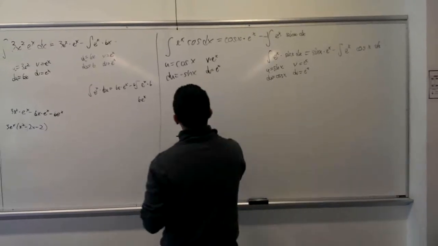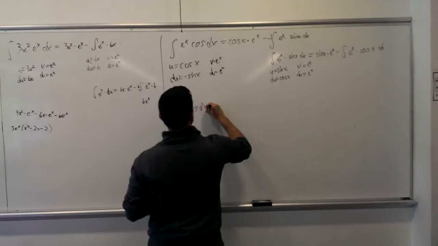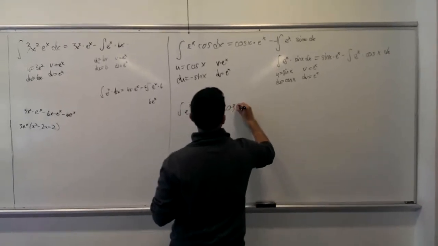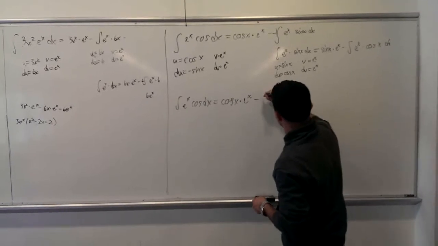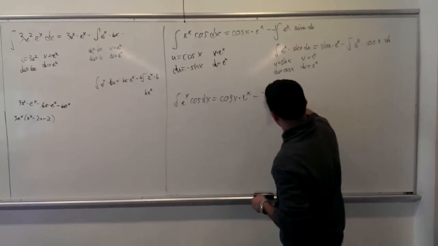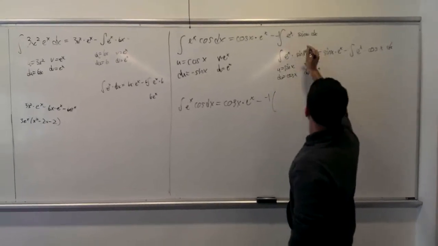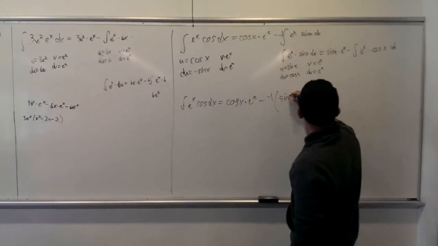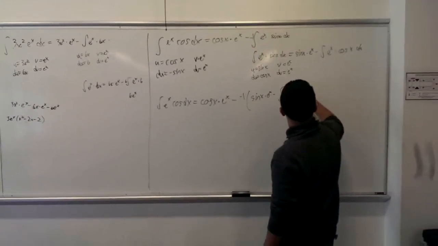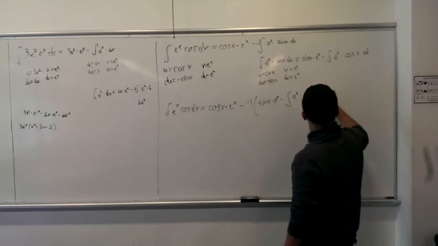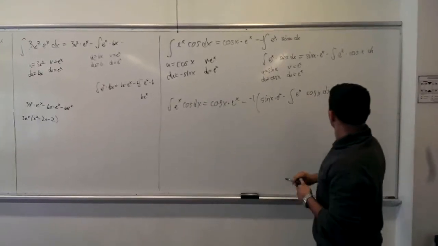From the very beginning, you write out the integral of e^x cosine x dx is equal to cosine of x times e to the x minus negative 1, which we get as sine x times e to the x minus the integral of e^x times cosine x dx. This is what you have so far.